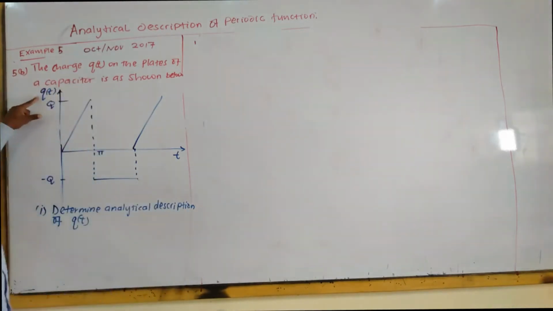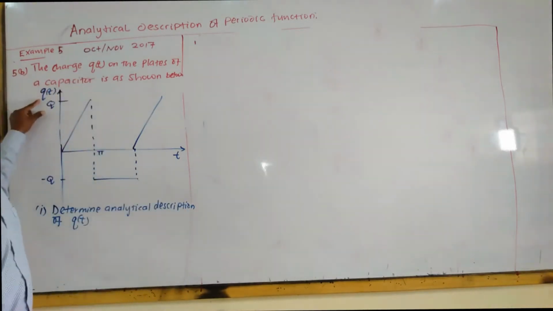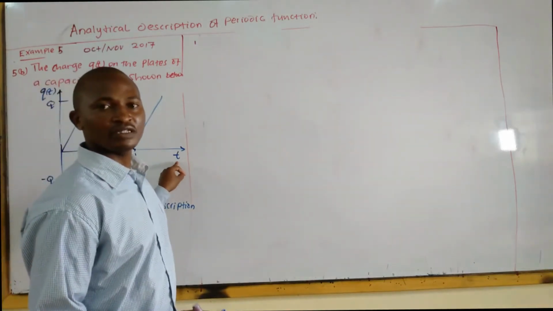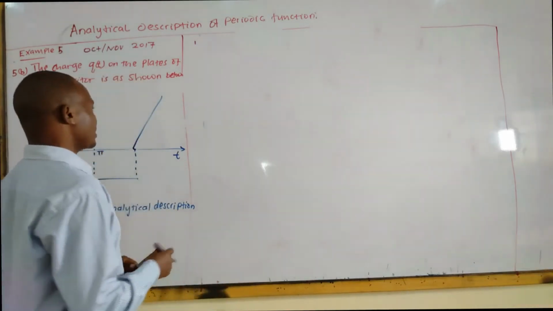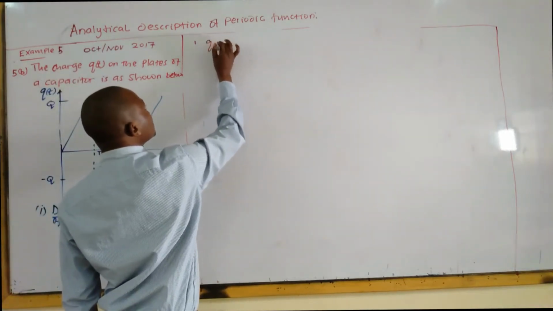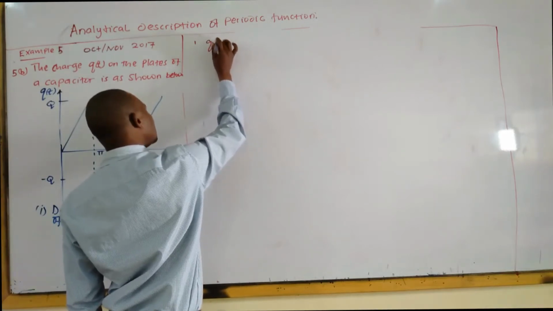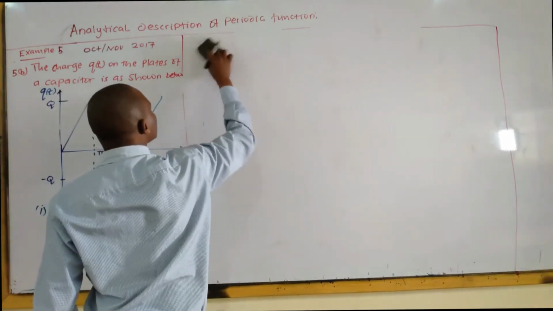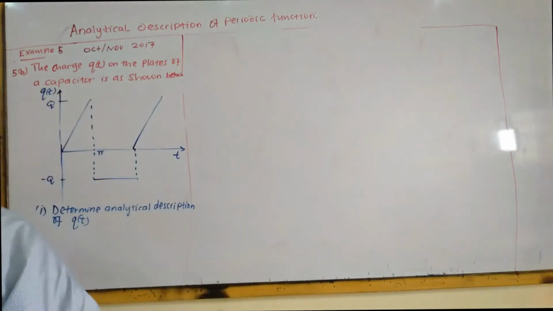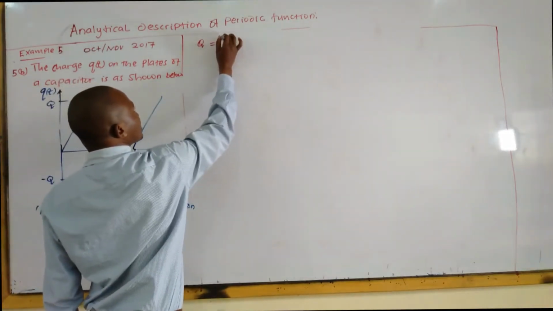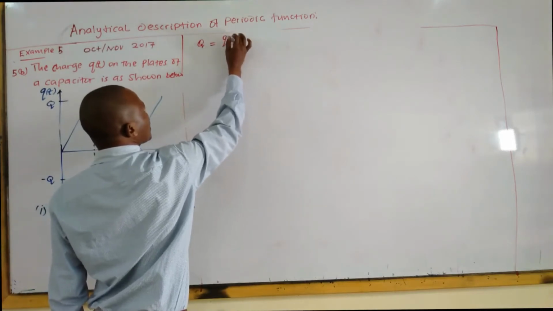Here, the dependent variable is charge, which varies with respect to time. The independent variable is time. Therefore, you can say the charge Q is a function of time.